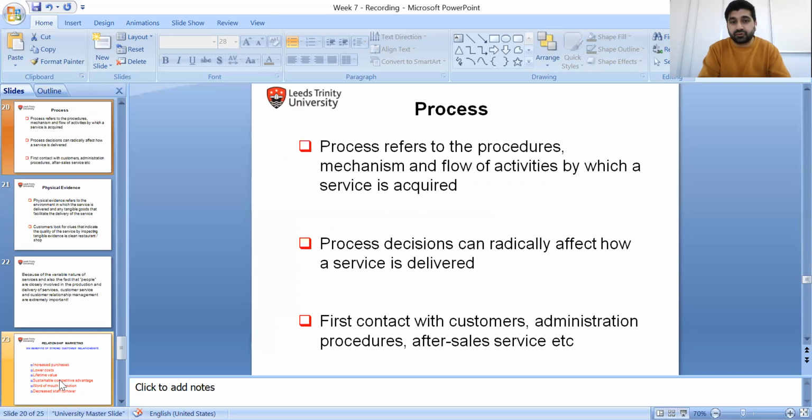Another point is the process. Process basically refers to the procedures, mechanism, and flow of activities by which a service is required. So basically in a service, there's a list of activities involved, and steps involved.